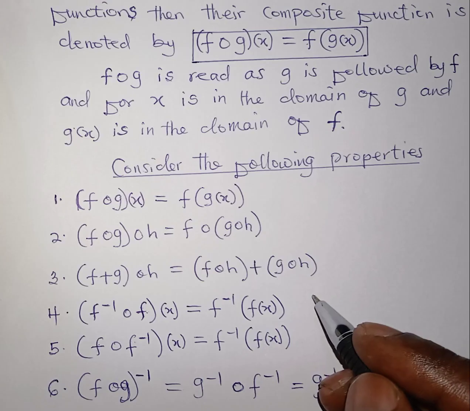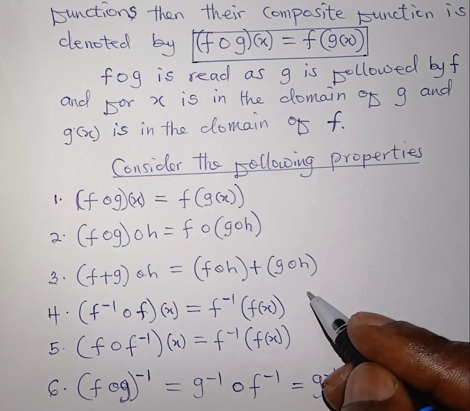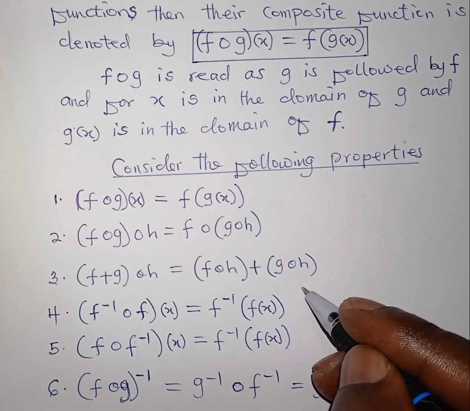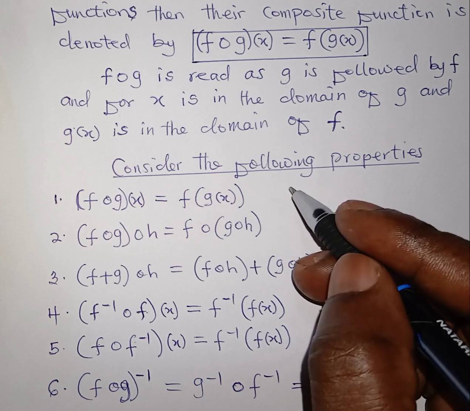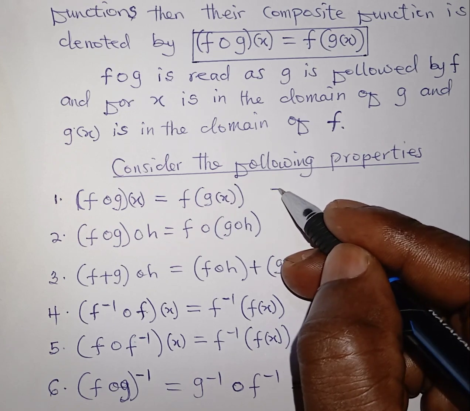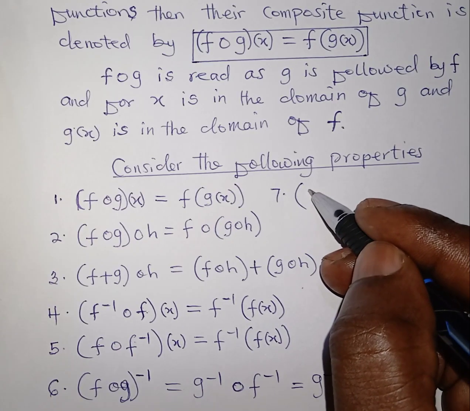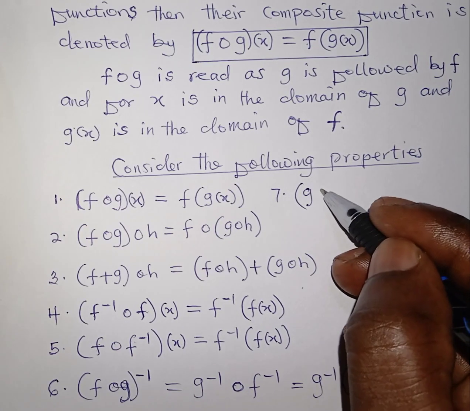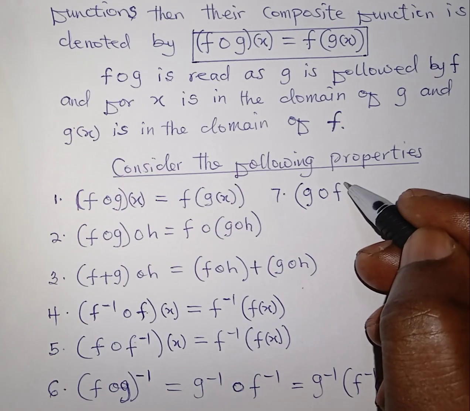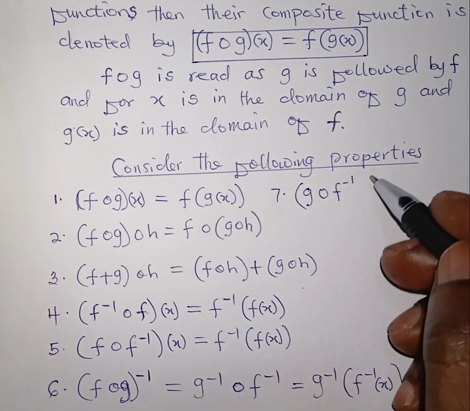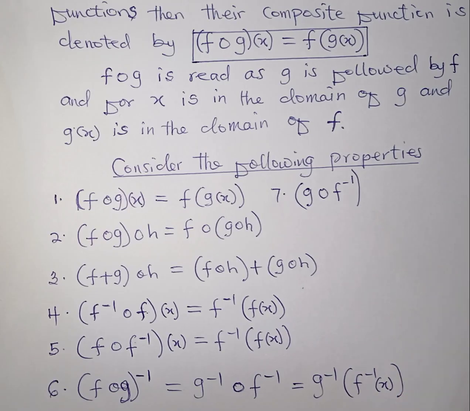But remember, let me add this property as property 7. In case you were given this, let's say J o F. Good.